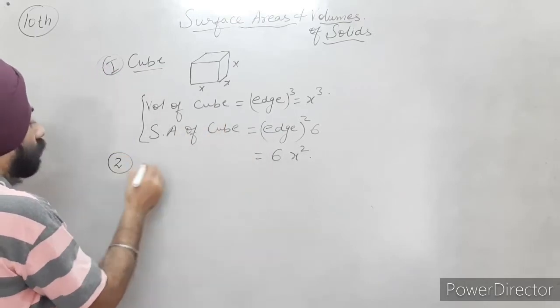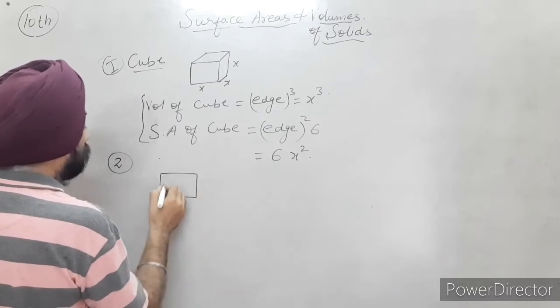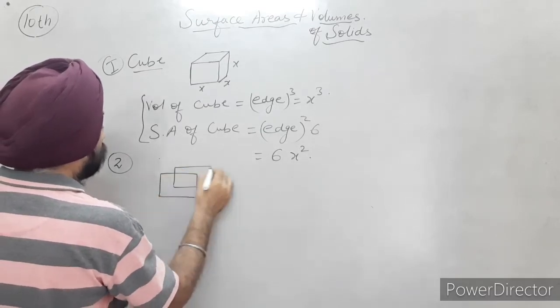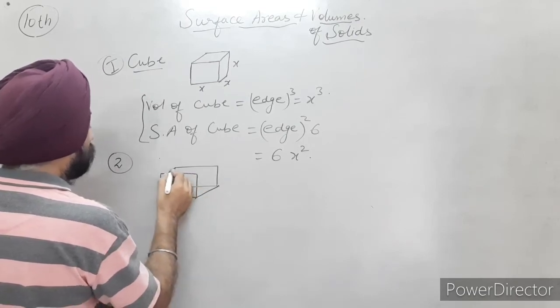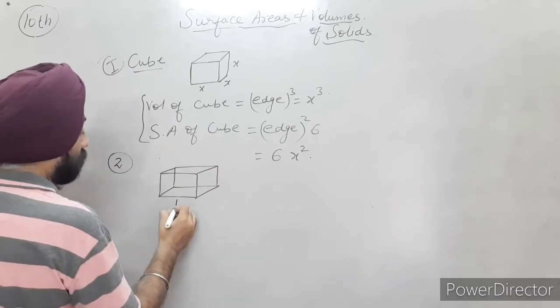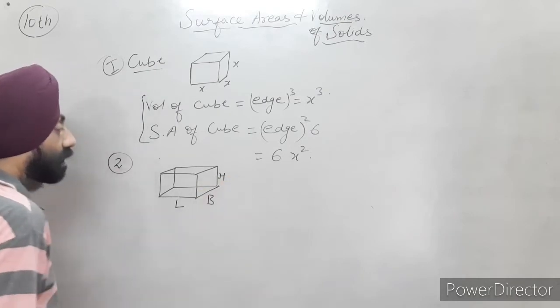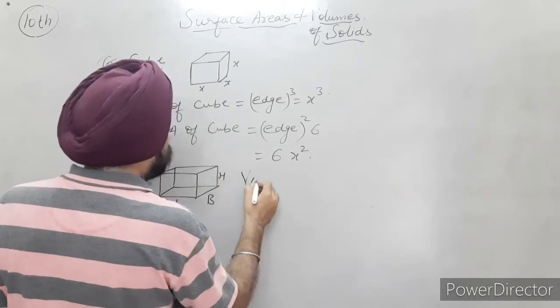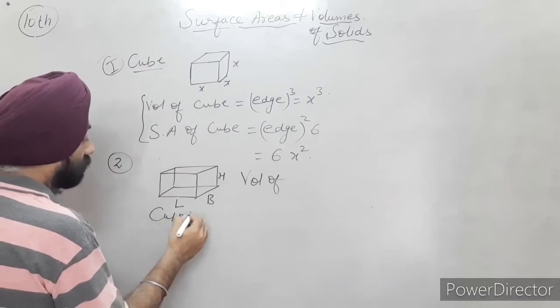Second is cuboid. Cuboid is where the faces are rectangular, like this. This is length, this is breadth, this is the height. This is a cuboid, the second solid.